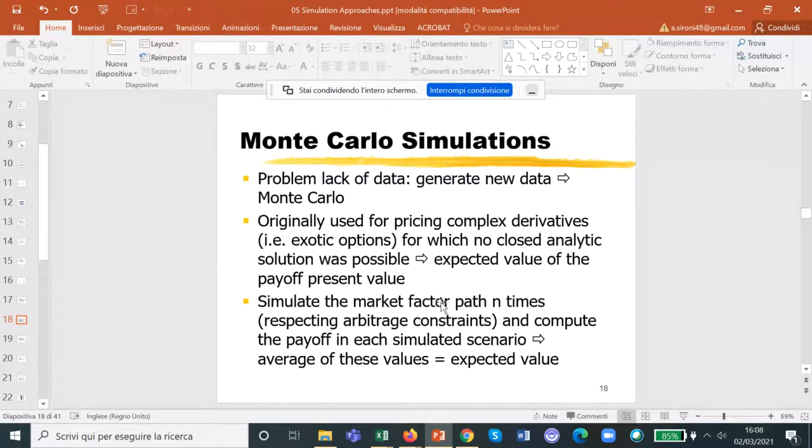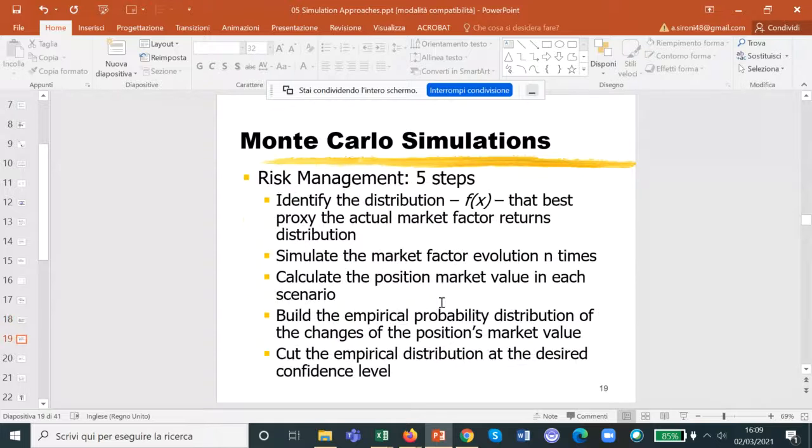So in pricing, the idea was to compute the mean, the expected value of the payoff, based on the different simulated values. Now, in the case of risk management, of course, we're not interested in the expected value, but rather we would be interested in the tails, okay?